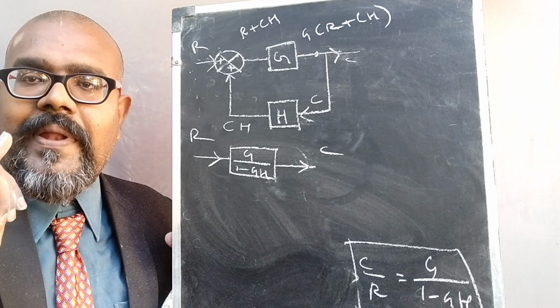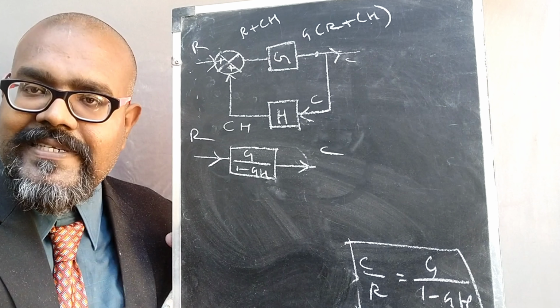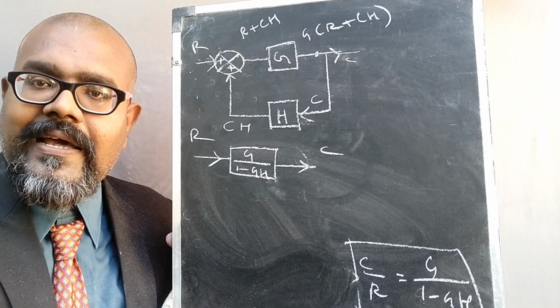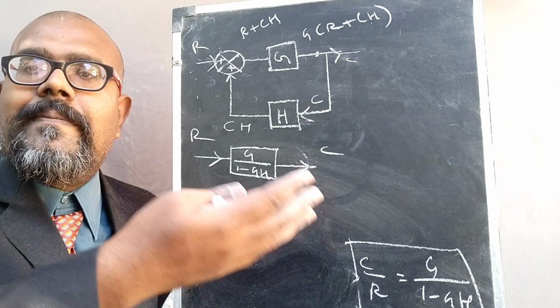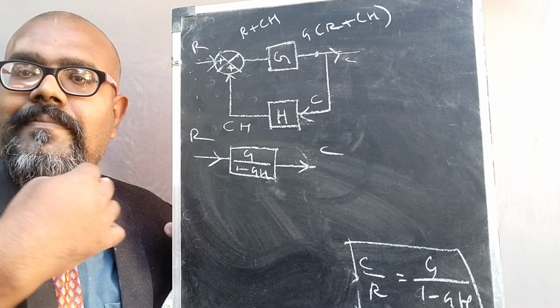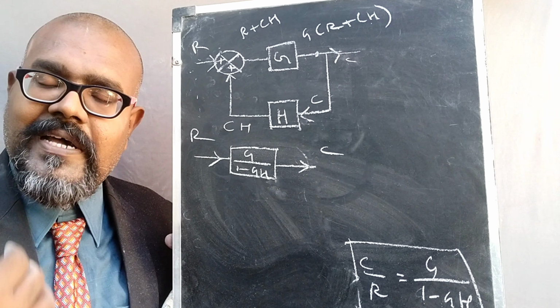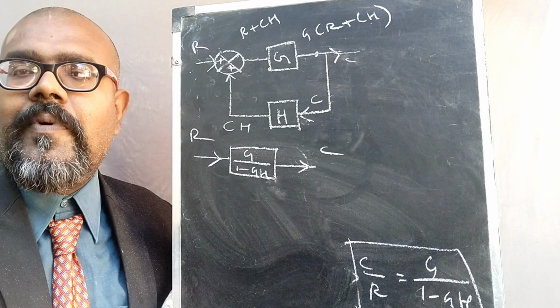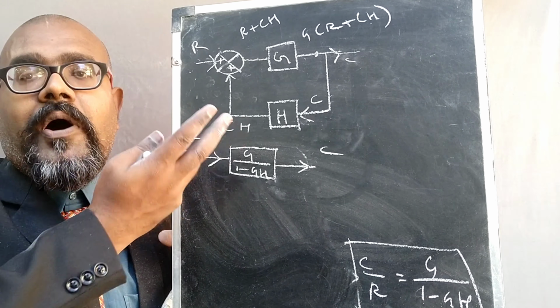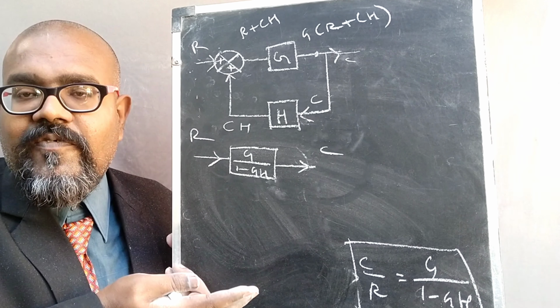That is combining the cascade connection, combining the parallel connection, moving a branch point ahead of the block, moving the branch point behind the block, moving the summing point ahead of the block, moving the summing point behind the block, combining the summing points, interchanging the summing points, splitting the summing point, positive feedback path removal, and negative feedback path removal.